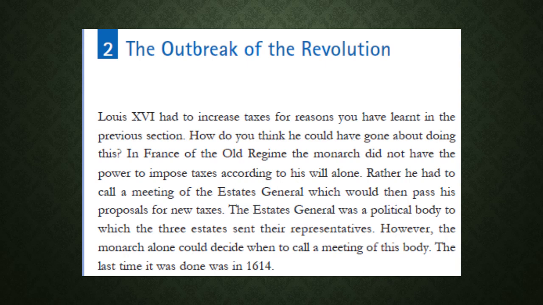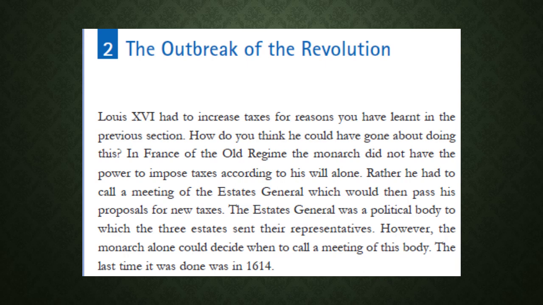Louis XVI had to increase taxes for reasons you have learned in the previous section. How do you think he could have gone about doing this? In France of the old regime, the monarch did not have the power to impose taxes according to his will alone.